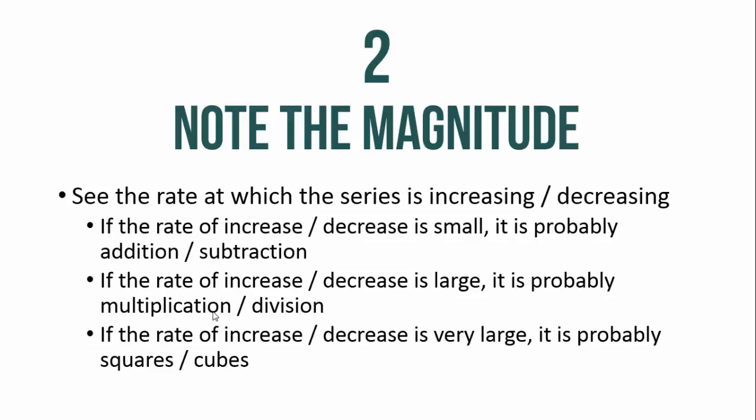If the rate of increase or decrease is very large, it probably is a square or a cube series. It need not be definitely an addition, multiplication or a square or cube series. It could also be a composite or abstract series involving addition, multiplication or square. But as a general thumb rule, the rate of increase can tell you what kind of components or what kind of logic your series has.